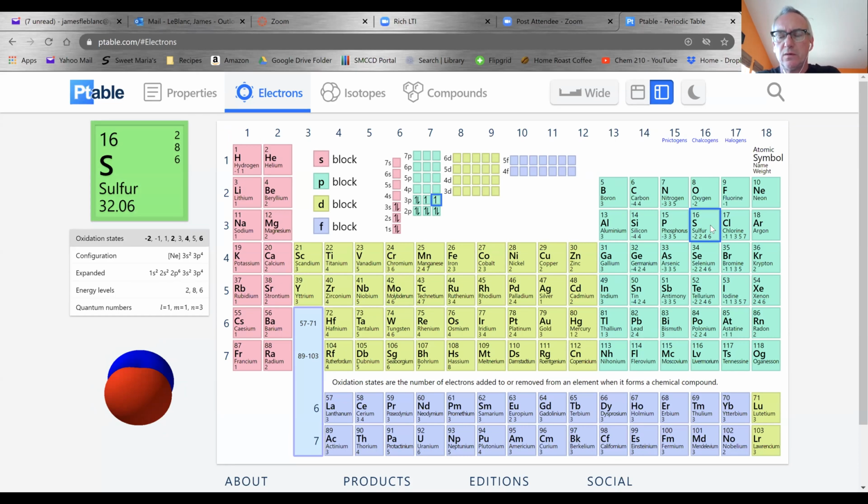Peroxide, where the oxygen gets -1. I'm not sure. It's not a charged compound. Let's go back. I'll explain. But yeah, we're dealing with when they're charged. There's a -2. Okay. Let me go back. Okay. Here we go.